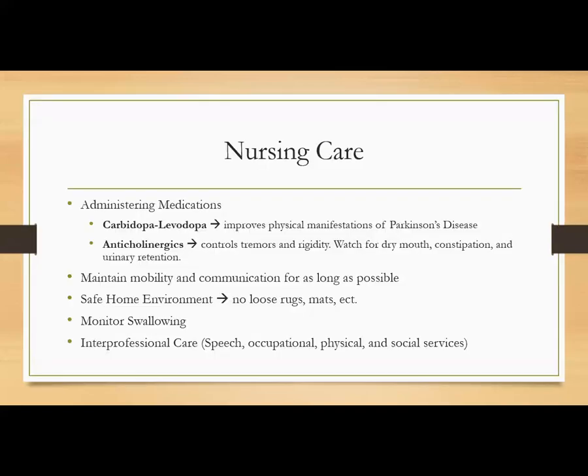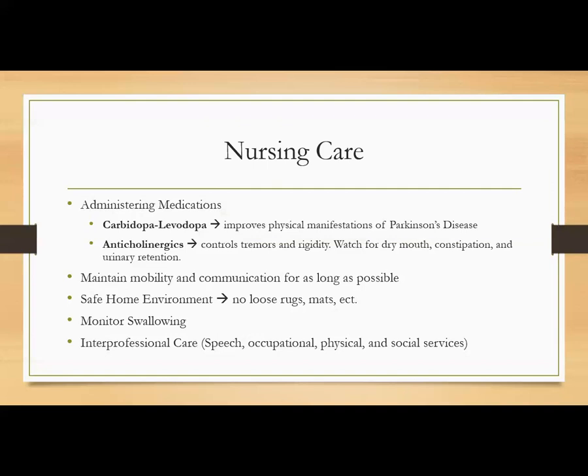Aside from just the medications, you also want to maintain mobility and communication for as long as possible. That's why I said to encourage them to use walkers and let them know why you want them to use it.